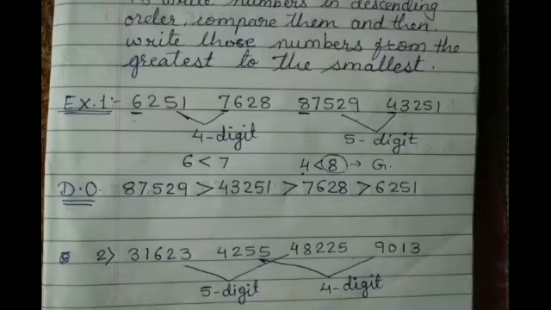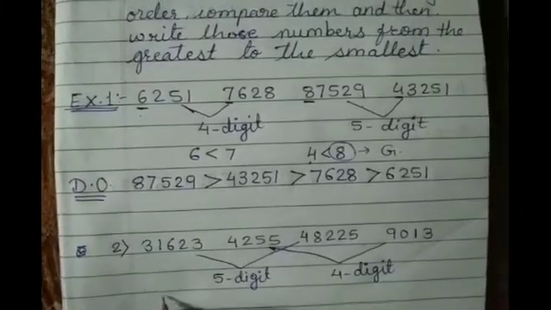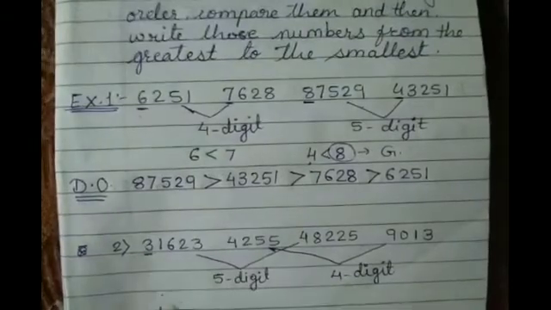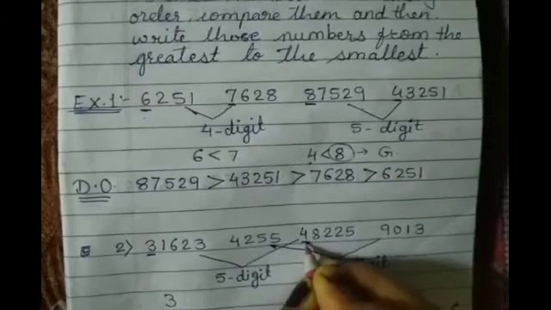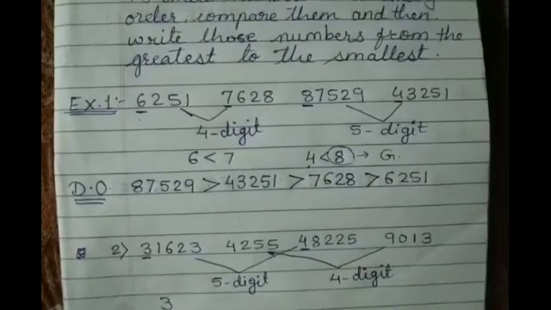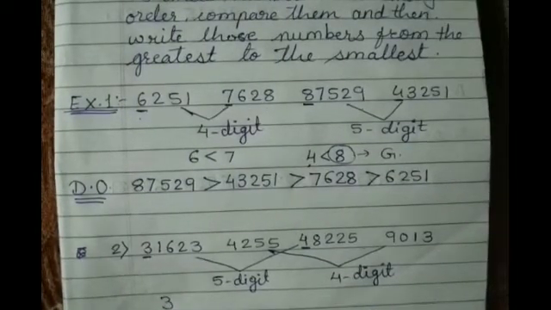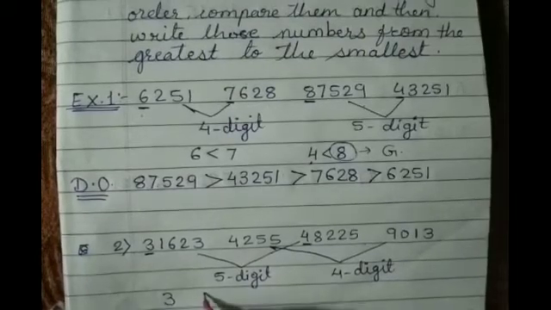Now let's compare the 10,000s places in case of the 5-digit numbers. Here we have 3 from 31,623 and 4 from 48,225.